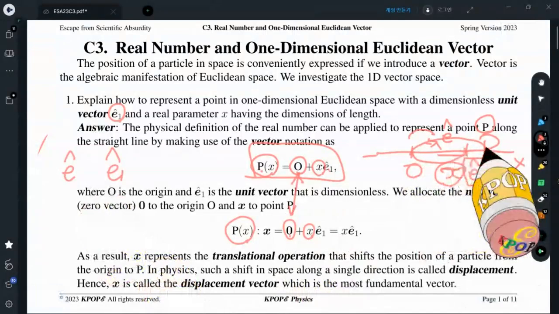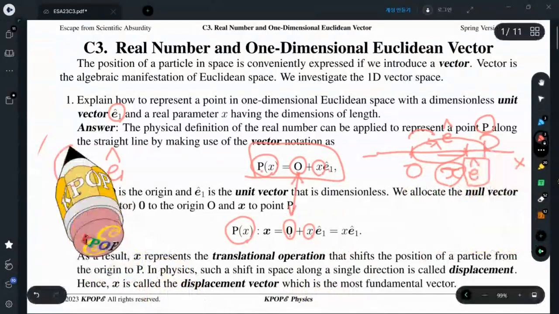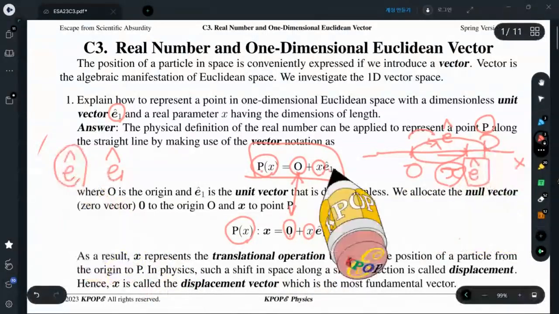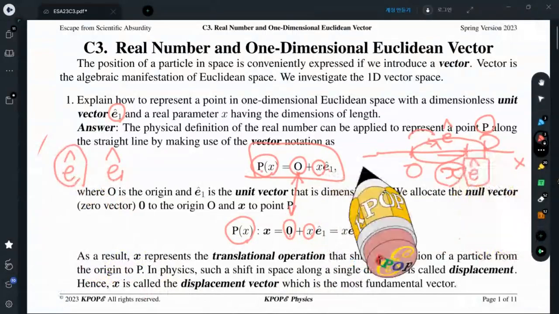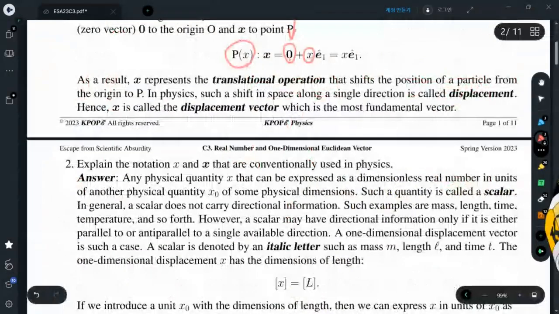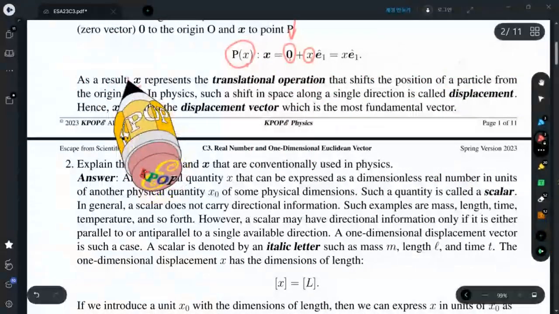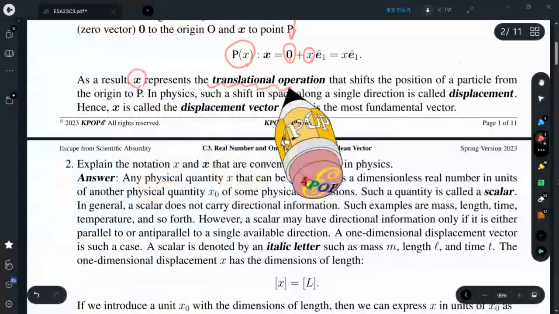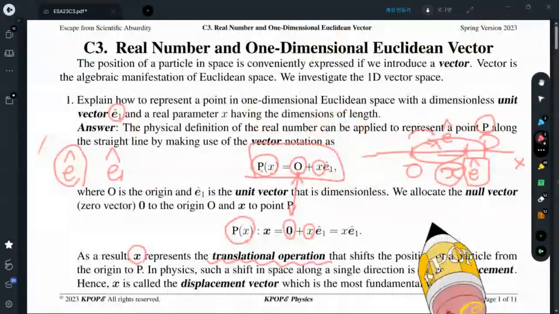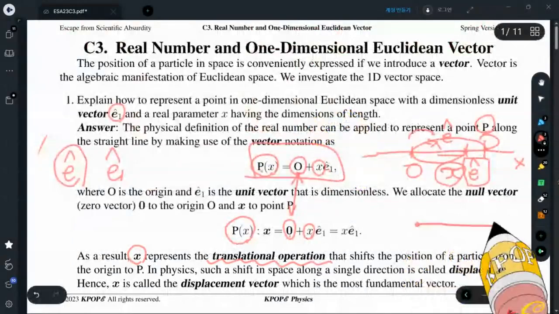And as I told you, this E hat can be either to the right or left. As a result, x represents the translational operation, from some point to another.